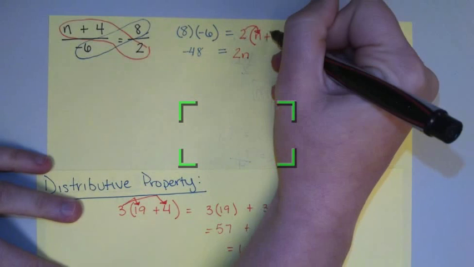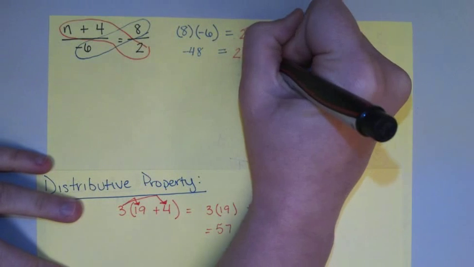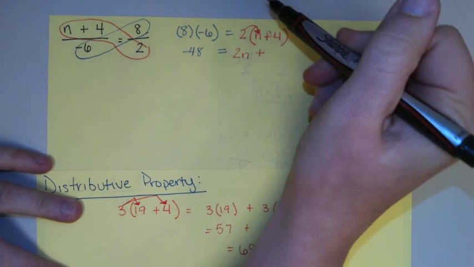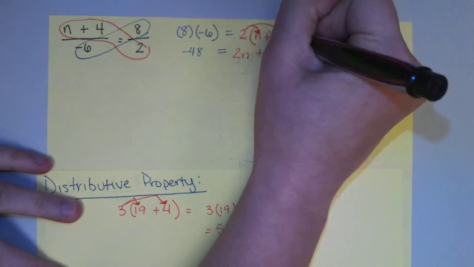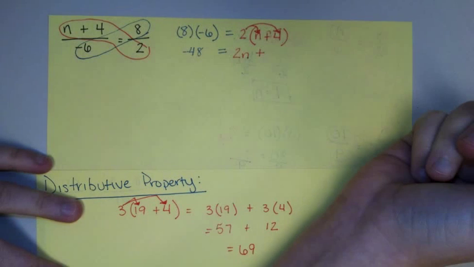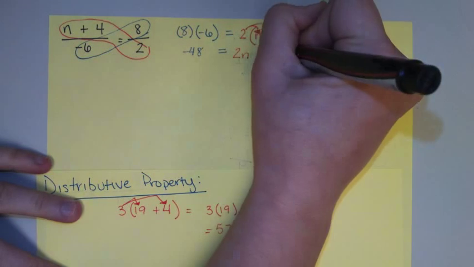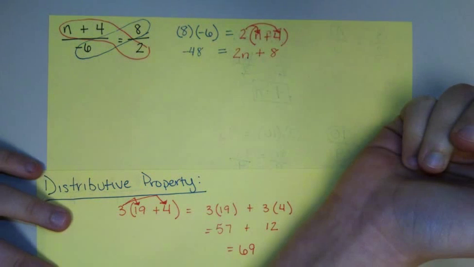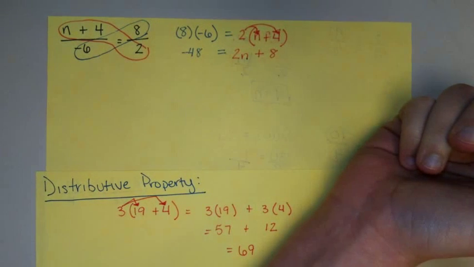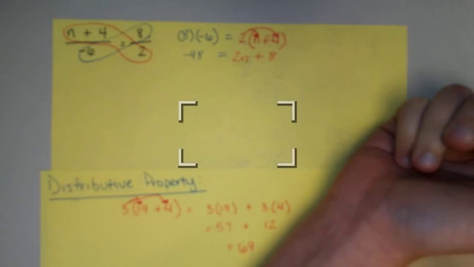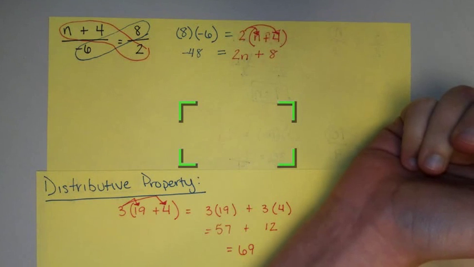Bring down your plus and do 2 times 4, which will give you 8. Now we have turned this into a two-step equation, which we have done a lot of practice with.